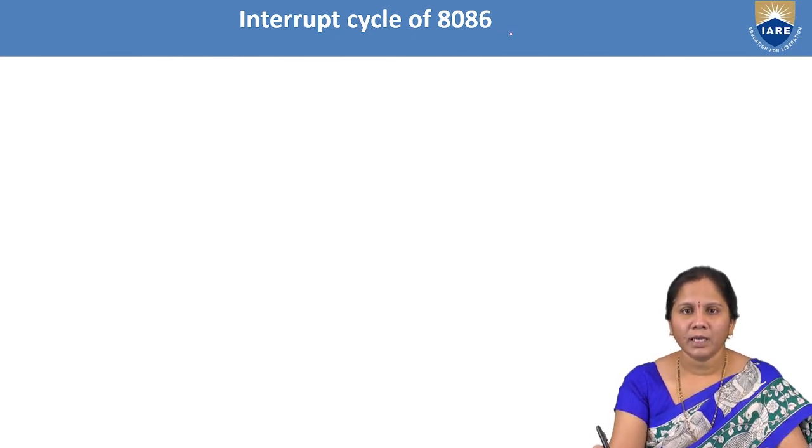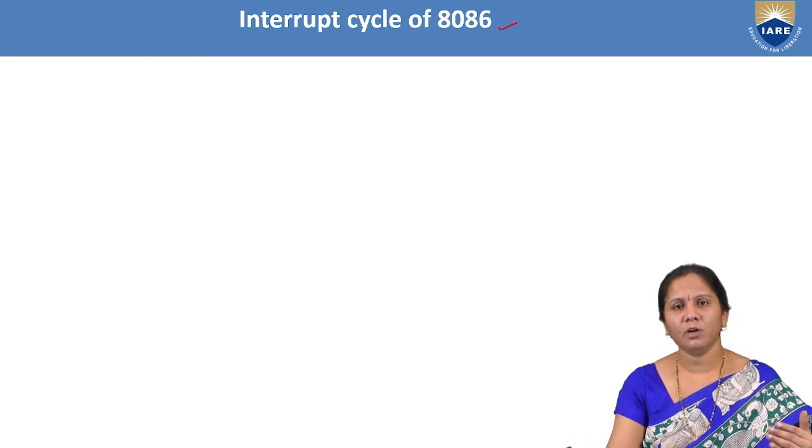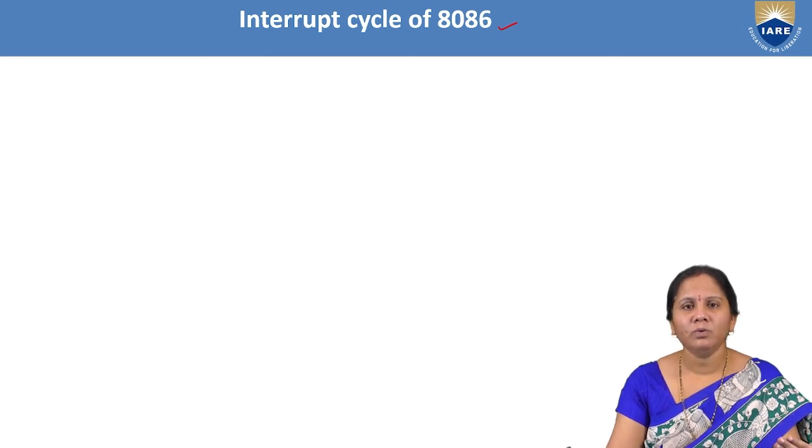Now, next, coming to the interrupt cycle of the 8086 microprocessor. The interrupt cycle describes how the interrupt comes, how the contents are stored when the interrupt comes, and what contents are stored on the stack.